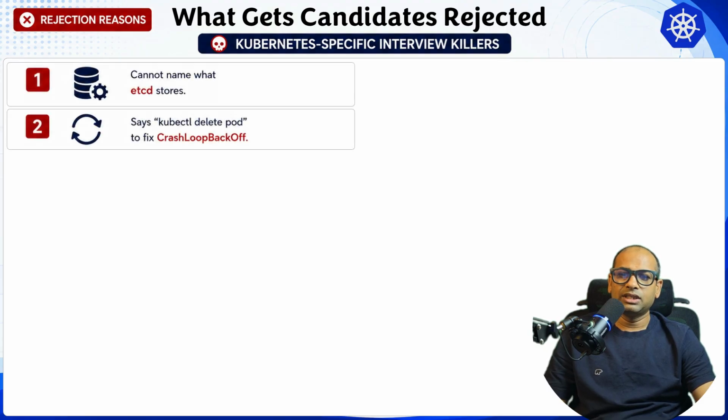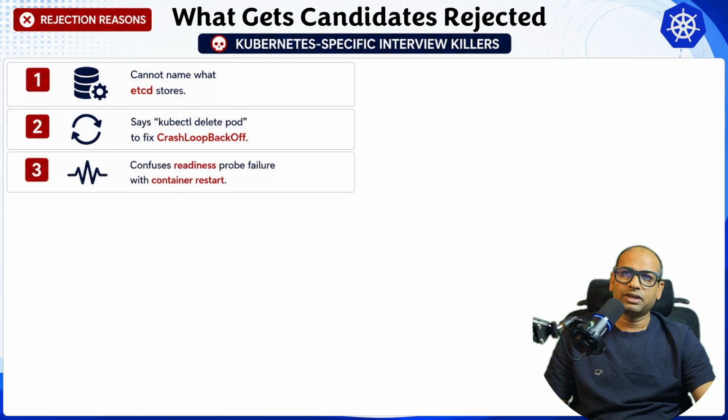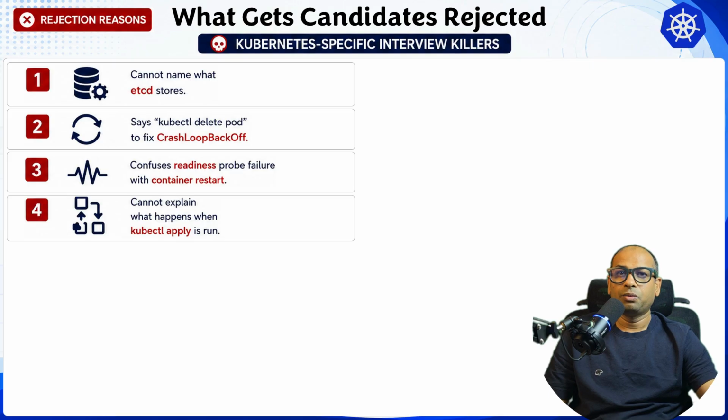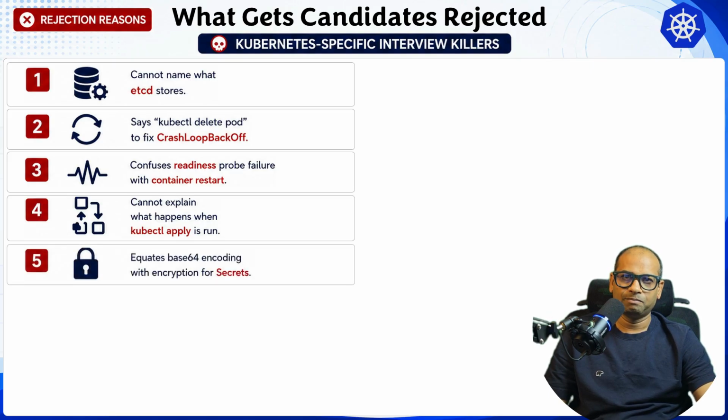When you say kubectl delete pod to fix the CrashLoopBackOff, deleting the symptom, not the root cause. When you confuse a readiness probe failure with a container restart. When you can't explain what happens when kubectl apply runs. When you equate base64 encoding with encryption for secrets.